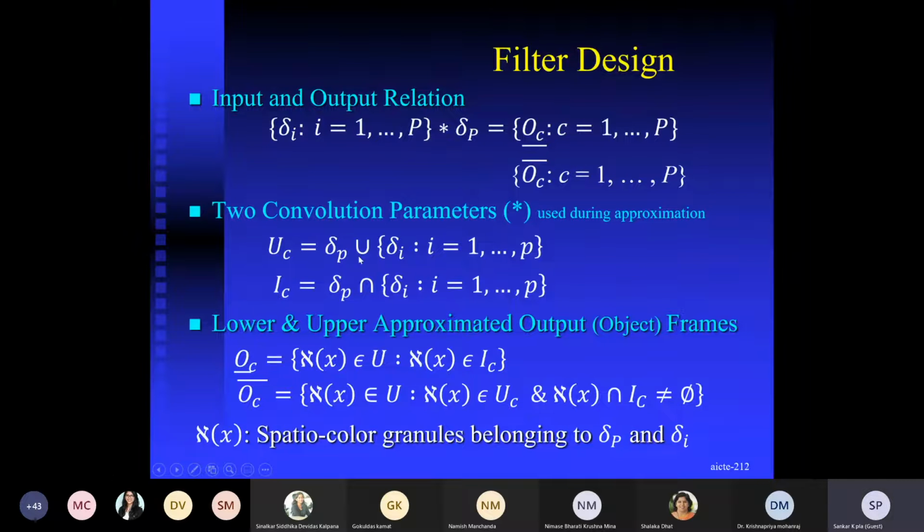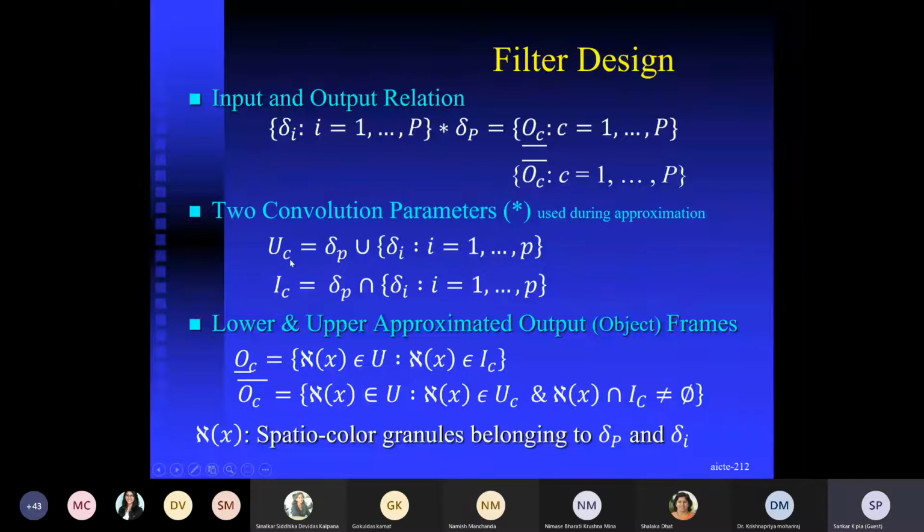It determines the lower approximation. And for the upper approximation, all granules belong to the universe such that the granules belong to the upper set but have a non-empty intersection with the lower. It belongs to the upper approximation UC.